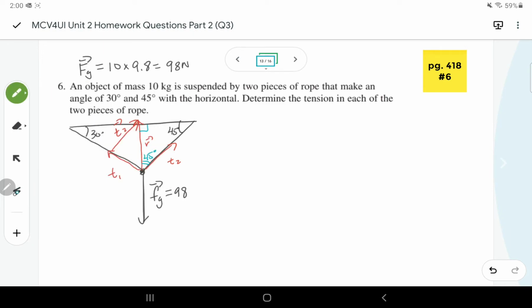And then the opposite one, looking at my triangle on the left side, I've got a 30-degree angle there, so that must be a 60-degree angle at the bottom.